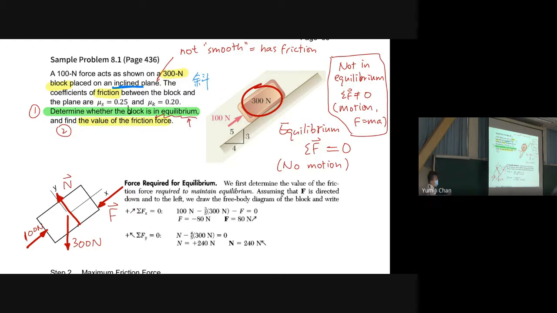Now, after drawing the free body diagram, we do the calculation. For the calculation, do we assume motion or no motion? If there's motion, then summation F will not be 0. Either we assume motion or we assume no motion.